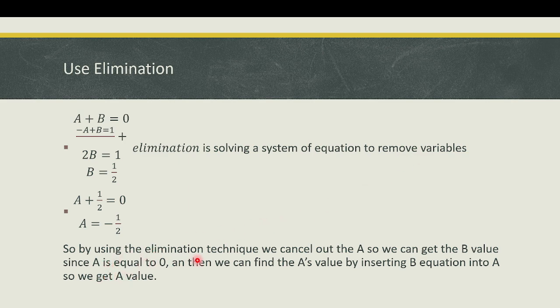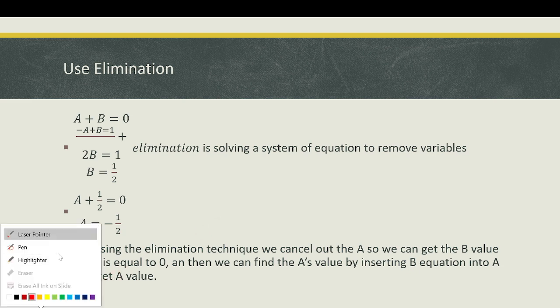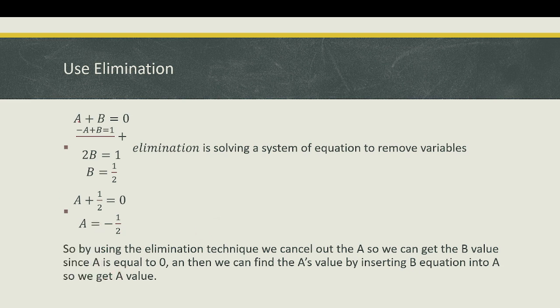By using the elimination technique, we cancel out the a, because a plus negative a will cancel out and equal 0, right? So here we have 2b is equal to 1. So b will equal 1 over 2.